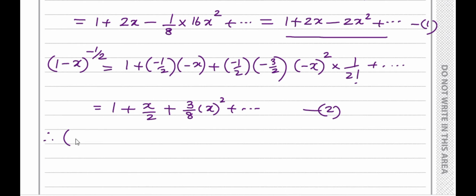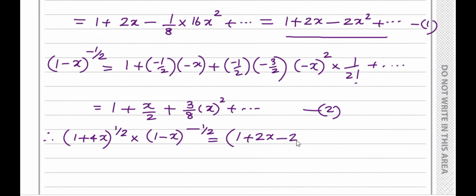Therefore 1 plus 4x to the power of half times 1 minus x to the power of minus half is equal to, we need to multiply these two groups of expressions. So 1 plus 2x minus 2x square plus dot dot dot times 1 plus x over 2 plus 3 over 8 x square plus dot dot dot.